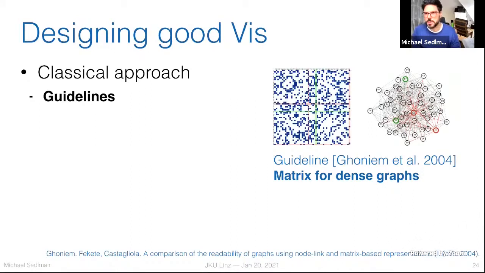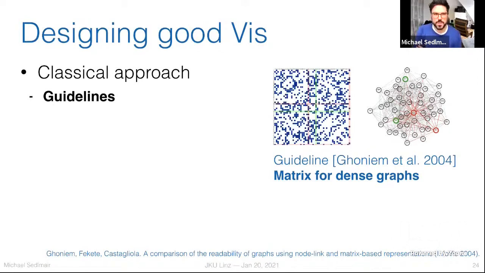Traditionally, we would talk to the HCI-ish flavored people in the Vis community and say, we need to do some user studies. Okay, so here's one of my favorite ones. It's also an old one from Ghoniem and also Jean-Daniel Fekete, where they compared, for instance, adjacency matrix visualizations to node link diagram visualizations of some graph structures.